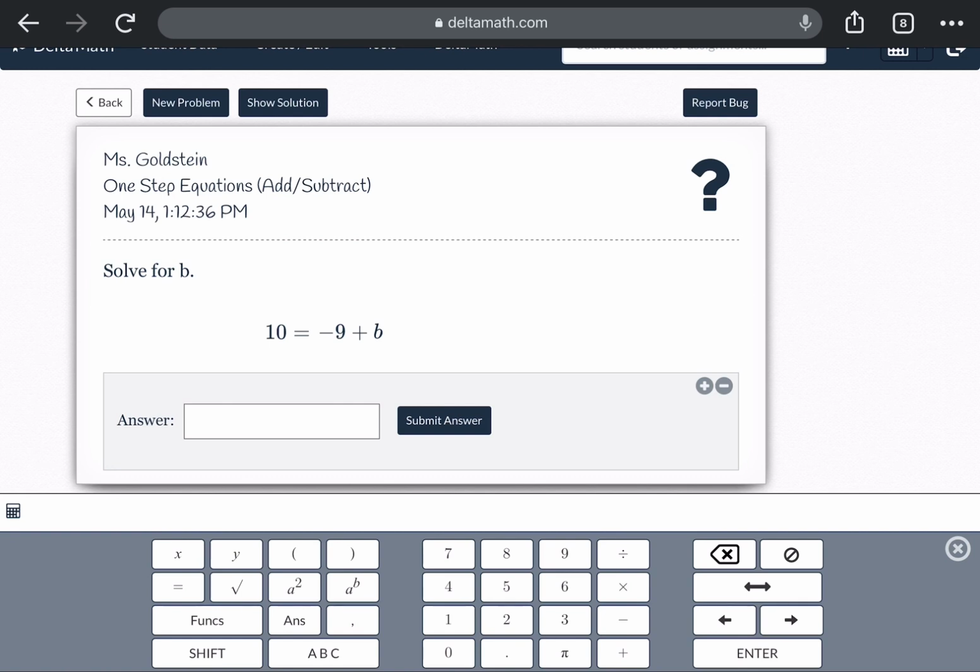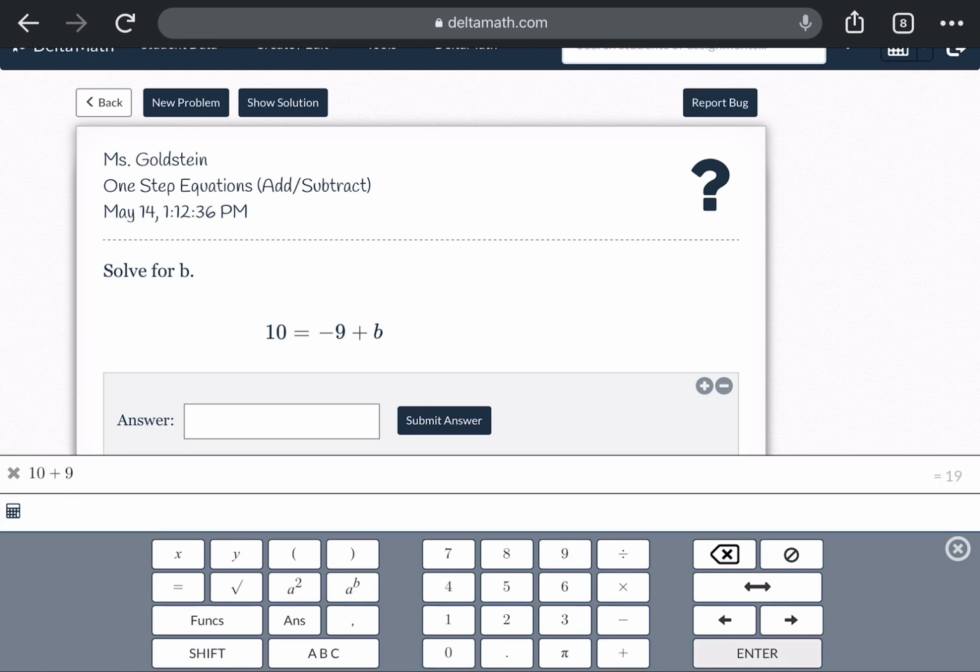I want to get the letter B by itself, and I see that there's a -9 attached to it. So the opposite of -9 would be +9. So you know what to do because this is literally called add or subtract. In my calculator, I want to do 10 plus 9 gives me 19.